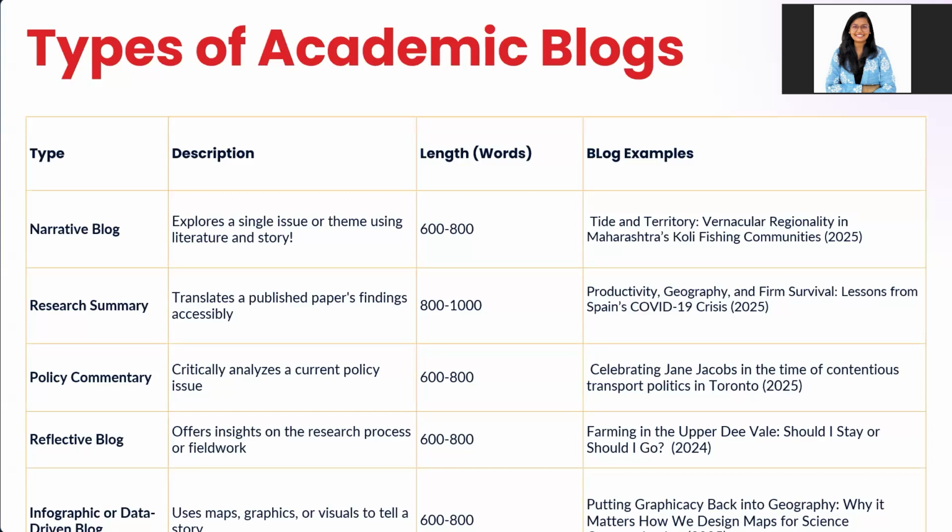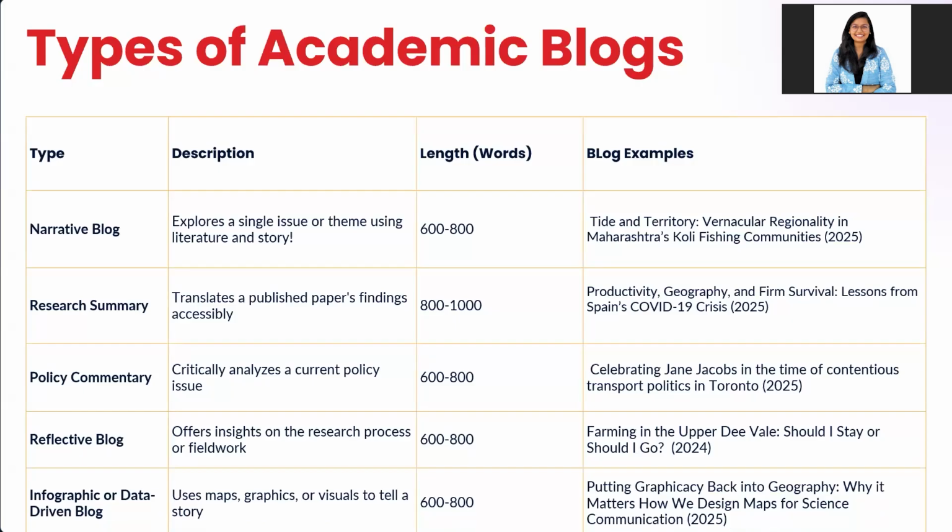You can see a policy commentary which was published on the blog, on celebrating Jane Jacobs in the time of contentious transport politics in Toronto. This was something to directly impact the policy which curtailed the green lanes or the bike lanes in Toronto. The author was publishing the historical point of view.